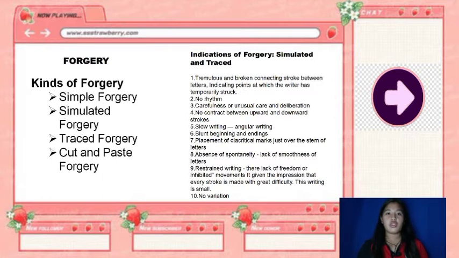Indications of forgery, simulated and trace. First is tremulous and broken connecting strokes between letters, indicating points at which the writer temporarily stopped. Second is no rhythm. Third is carefulness, or unusual care and deliberation. Fourth is no contrast between upward and downward strokes.